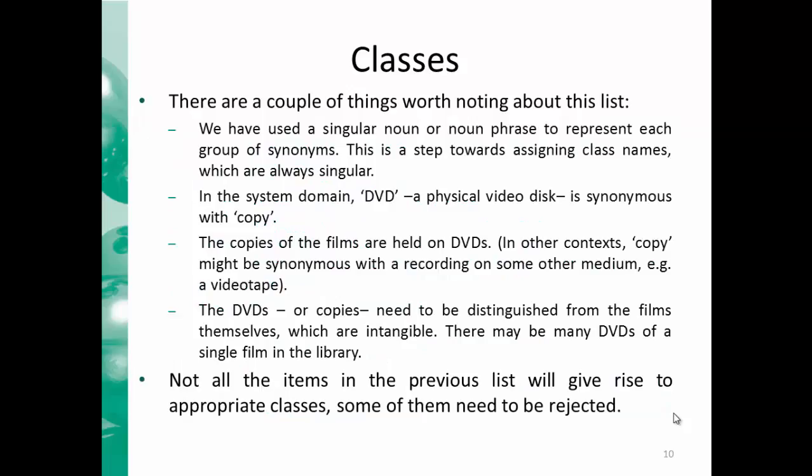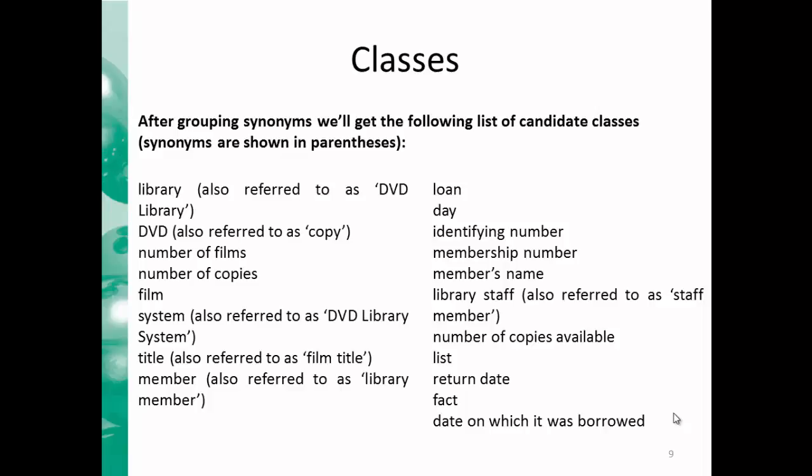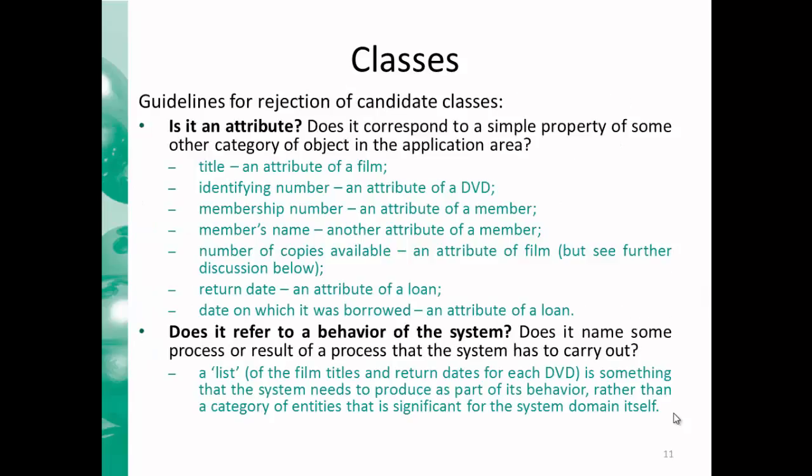Now, as we mentioned earlier, not all these classes in the list are classes in our system. Some of them are not, and we need to learn how to reject the irrelevant classes. Our guidelines for rejecting candidate classes. The first one is: is the candidate class an attribute?